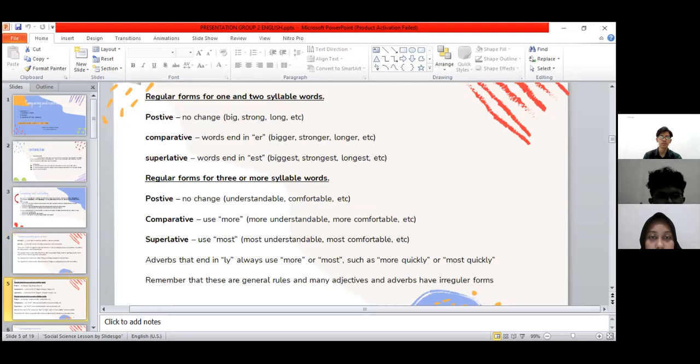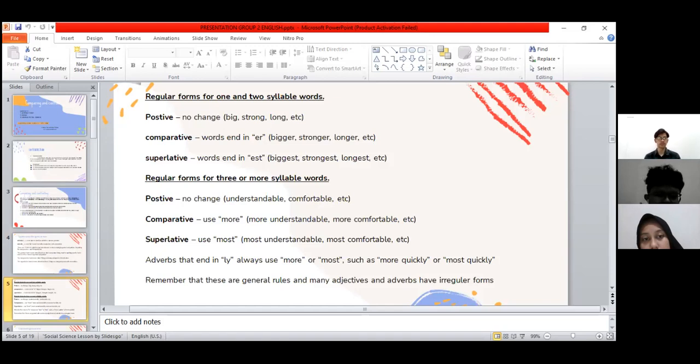Regular forms for one and two syllable words. Positive, no change: big, strong, long, etc. The comparative adds er: bigger, stronger, longer, etc. And the superlative adds est: biggest, strongest, longest, etc. Regular forms for three or more syllable words.